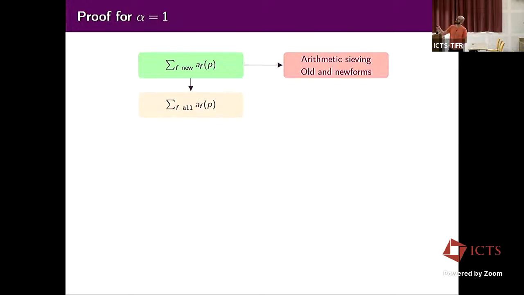And that can be done by a kind of Möbius inversion. That's an arithmetic sieving. And this is something already done in Iwaniec, Luo, and Sarnak. You add the old forms, you remove the multiplicities, and so you can write one in function of the other times the sum of Möbius functions and divisor functions.